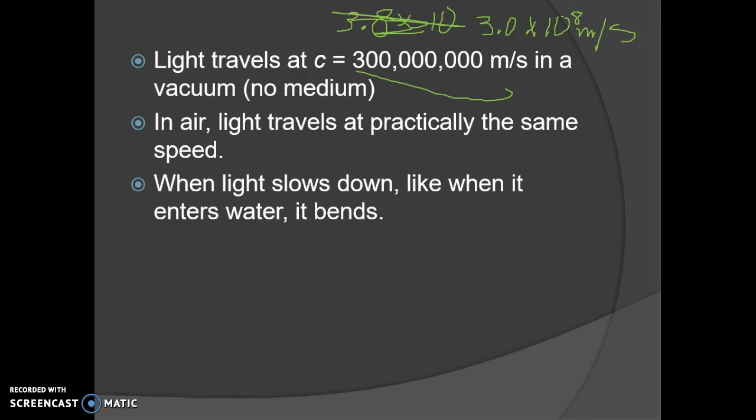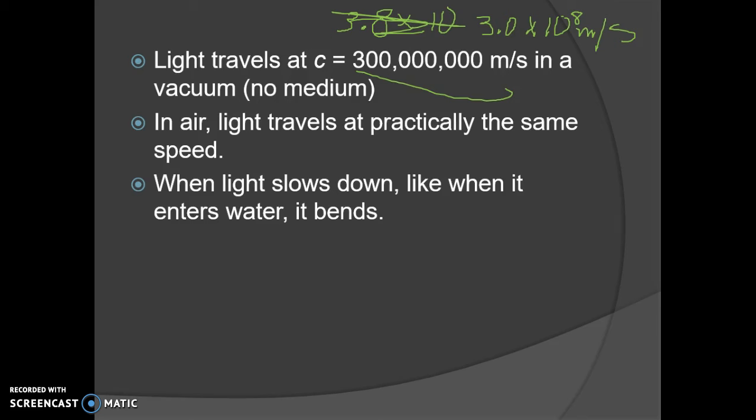A good example of when light bends, okay, light is anything that we're seeing. If we were to take a straw and put it into a clear colorless cup of water, the light that we see is the light that's being reflected off of that straw. So when we see that straw go into the water, it looks like it's being distorted or broken.